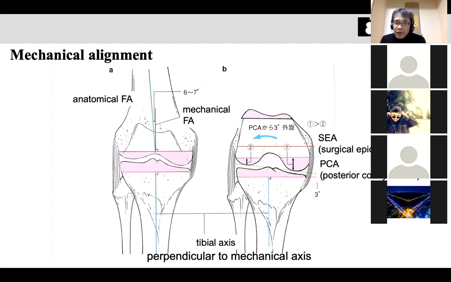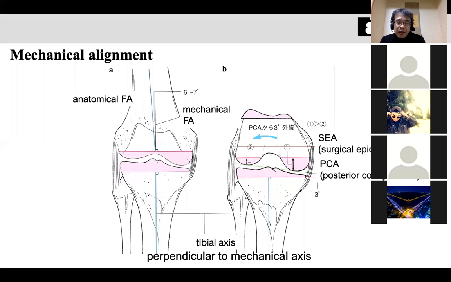So if the iron rod shifts medially, this angle increases, and if we make the entry point slightly lateral, the divergence between the mechanical and anatomical femoral axis decreases. So it is quite sensitive to the entry point and the tip of the IM rod.